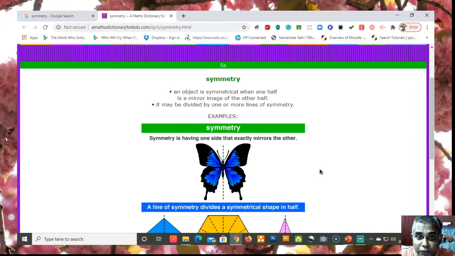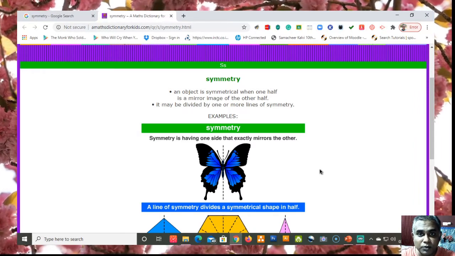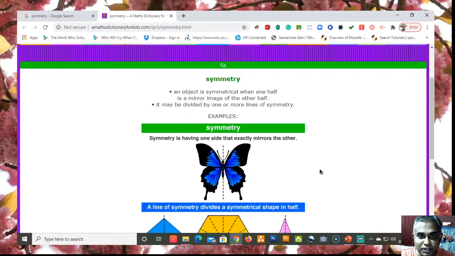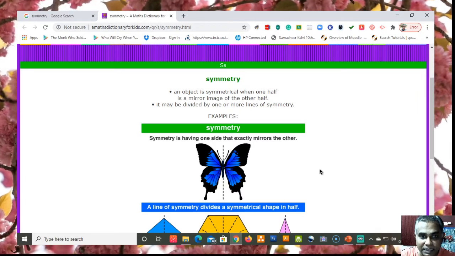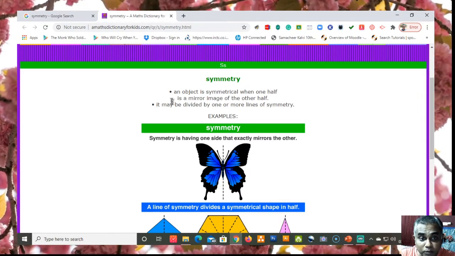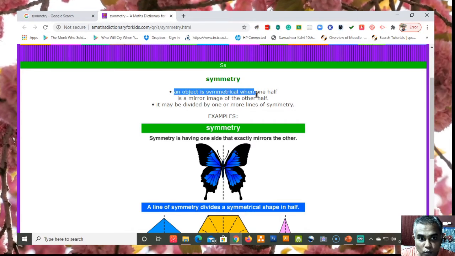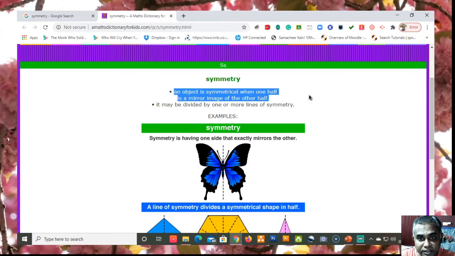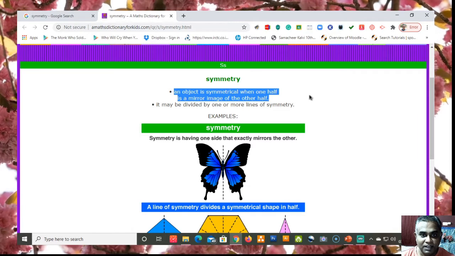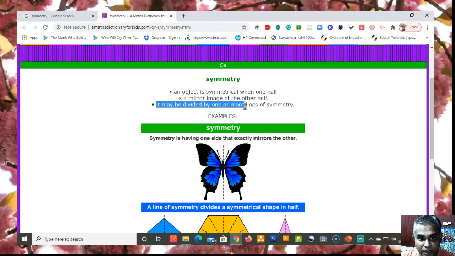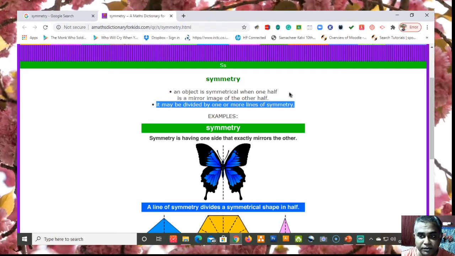But before going into the details of symmetry and stereochemistry, let us try to understand what symmetry is. An object is symmetrical when one half is the mirror image of the other half. It may be divided by one or more lines of symmetry.